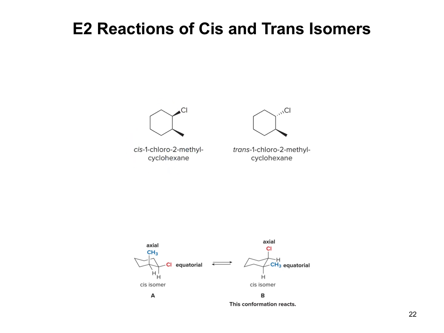The cis isomer exists as two conformations, A conformation here and B conformation here, each of which has one group axial and one group equatorial, right? And the E2 reaction must occur from conformation B, where you have the axial chlorine and then the axial hydrogen here, okay? So we've got to be here in conformation B.